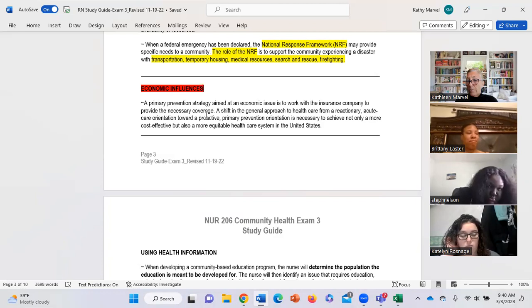Does that make sense? There are lots of economic influences, but we're talking about how nurses could play a part in reducing the cost of care. That's one example. Make sense?